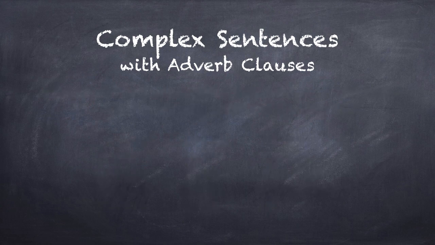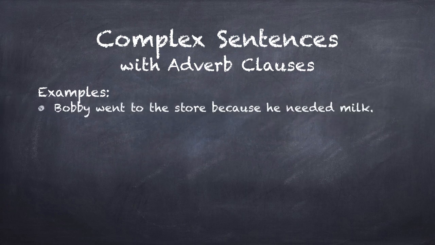Let's look at some examples of sentences with adverb clauses in them. First, we have Bobby went to the store because he needed milk. Here, Bobby went to the store is the independent clause. Because he needed milk is a dependent clause.